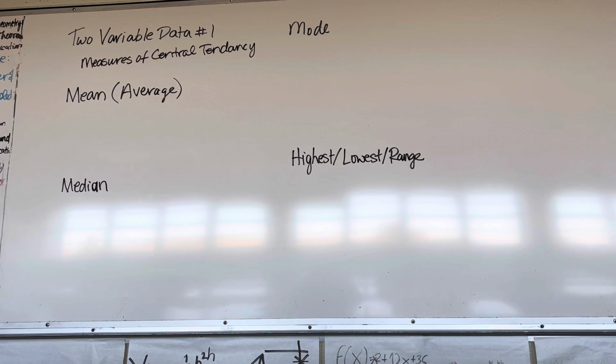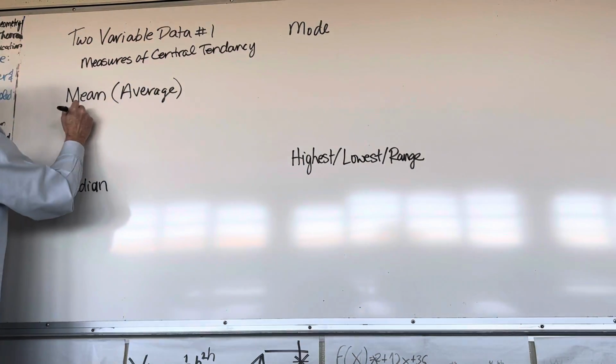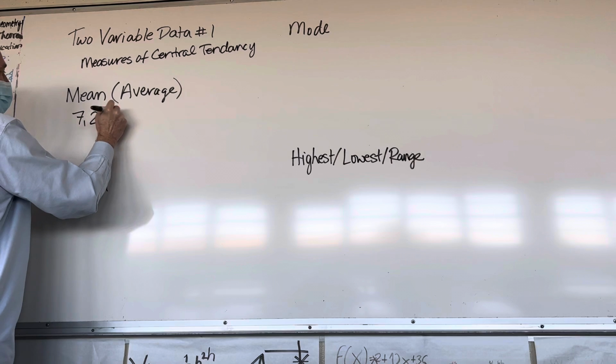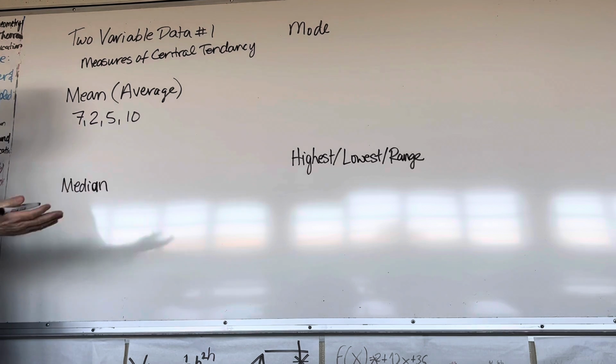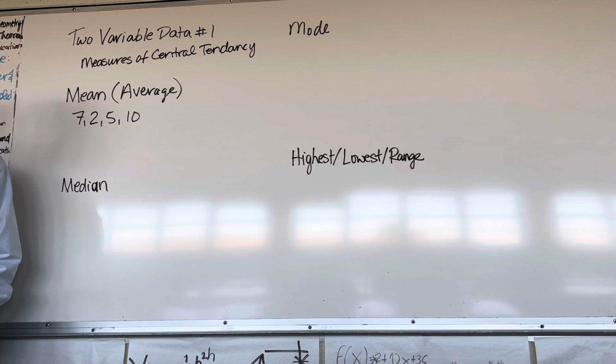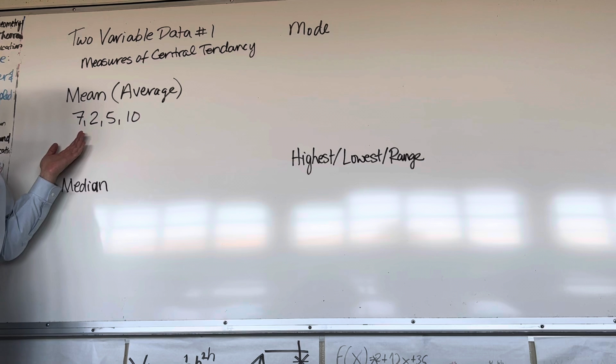Let's see, I want to try to use the examples from the notes. So let me try to, and maybe, Veery, if these are legible to you, you can read the examples to me. So let's start with, find the mean of, what are those? 7, 2, 5, 10. So a data set, 4 numbers, and now it's a set, right? Imagine, though, the Earth we live on with 7 billion people. This data can be very large, right?